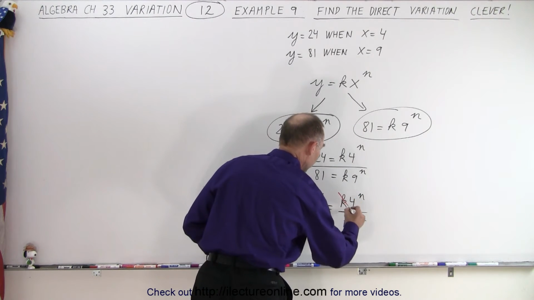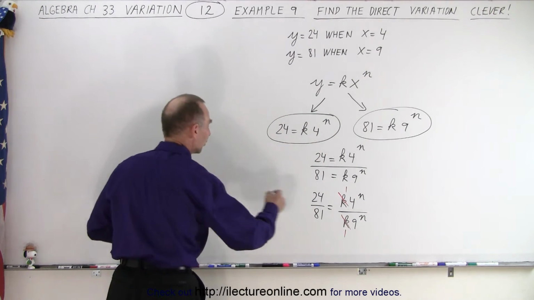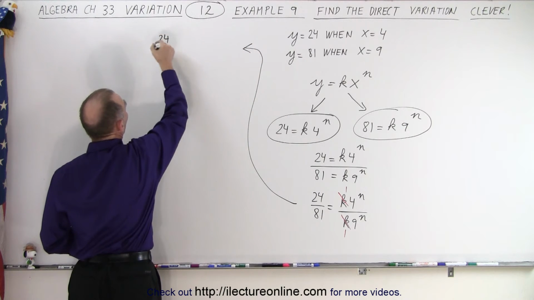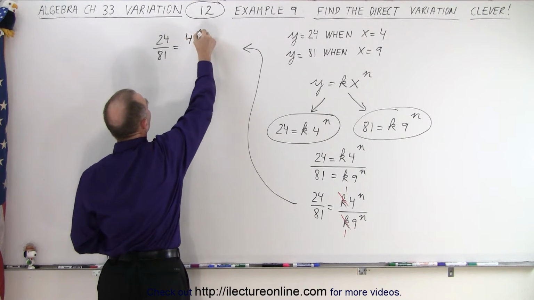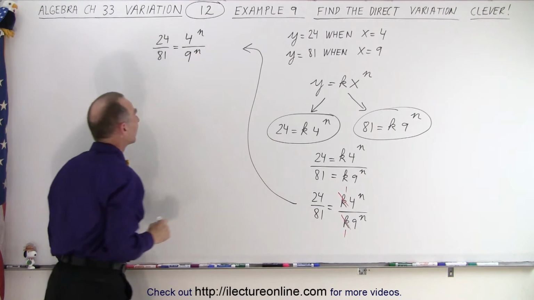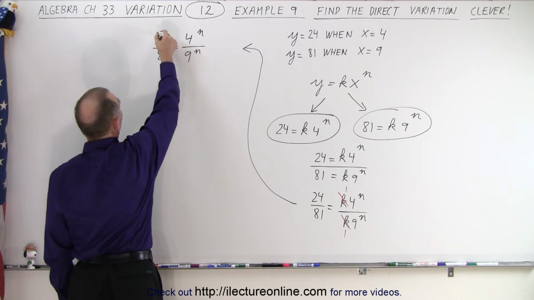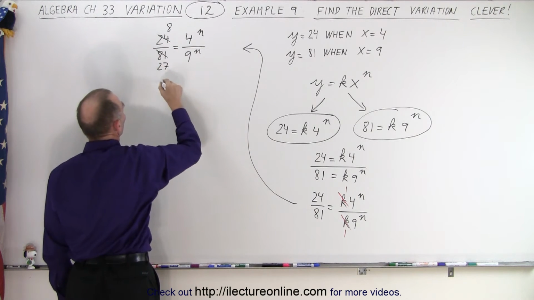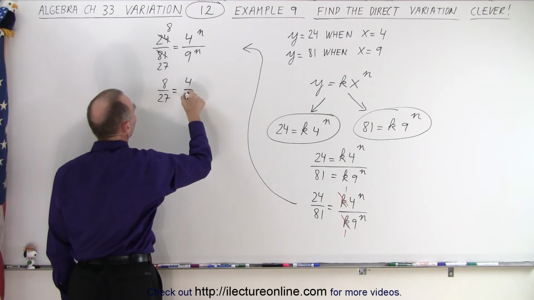So one of my unknowns cancels out, which leaves 24 over 81 is equal to 4 to the n power divided by 9 to the n power. On the left side, I can simplify: the numerator can be divided by 3, which gives me 8, and the denominator can be divided by 3, which gives me 27. So 8 over 27 is equal to 4 divided by 9.